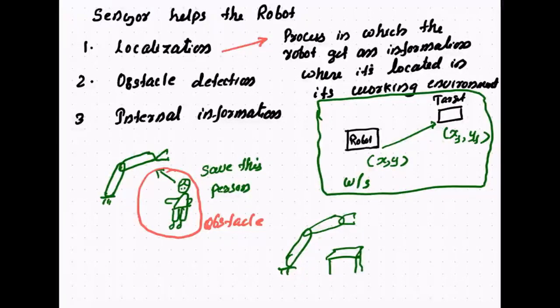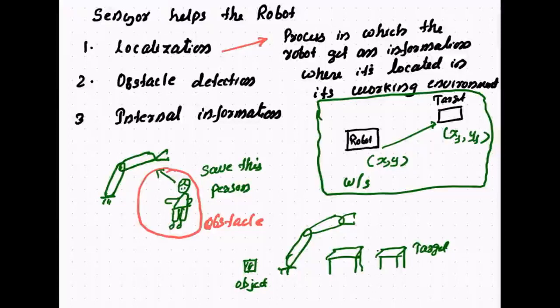Now we can look at another example. An industrial robot wants to pick an object from one place and place it on a small table, but in the working environment or workspace, the table is also there.